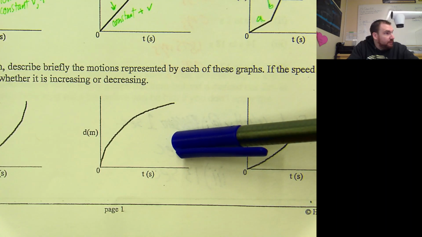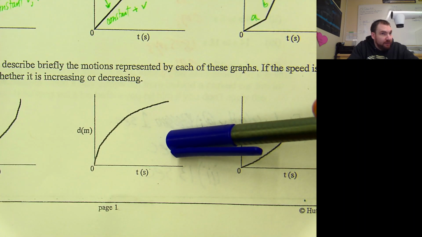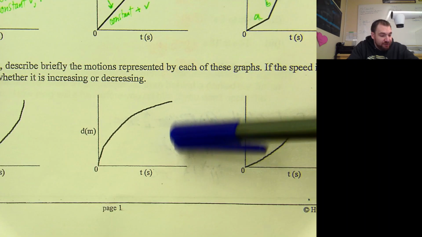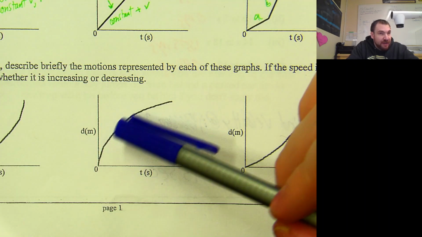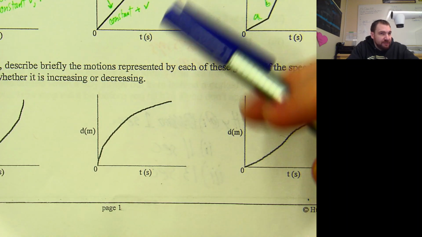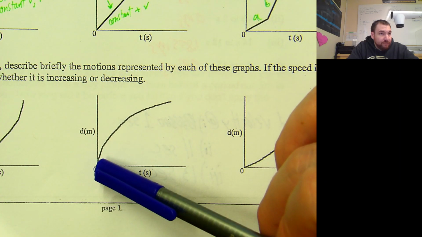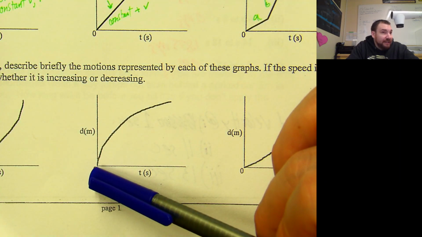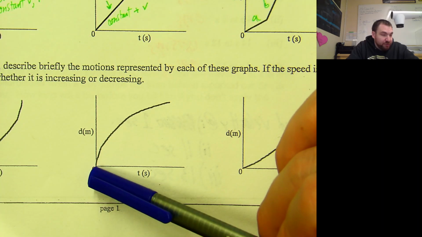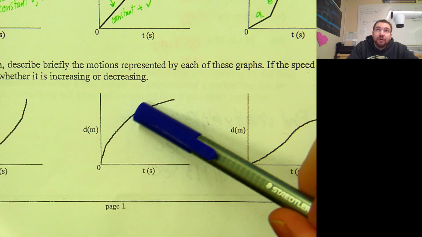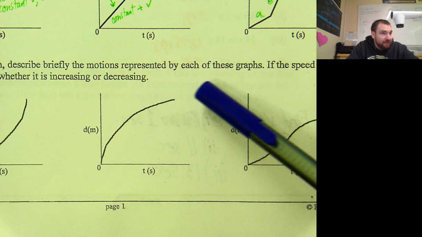Sorry, who said? I don't know who said anything. Zaid, you're suggesting it starts fast and then slows down? Yeah. Why would you suggest this? Because it's plateauing, so then it moves less as time goes on. Okay, so what you're looking at is steepness as you travel, right? So it starts really steep, and then it starts to flatten off, and once it gets totally flat, that means it's not moving.